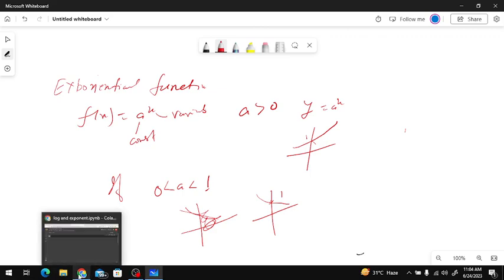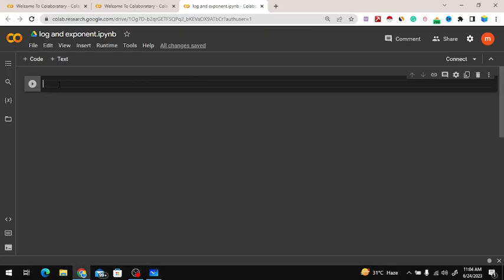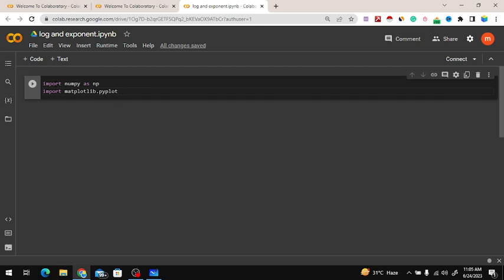First we go to the Google Colab platform, and now I am going to import numpy as np, and for plotting we import matplotlib.pyplot as plt.